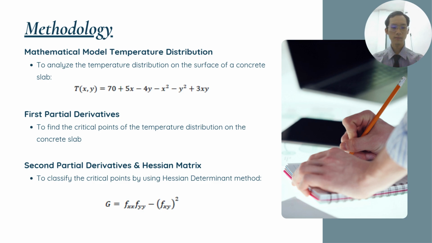The second one is first partial derivatives, to find the critical points of the temperature distribution on the concrete slab. And the last one is second partial derivatives and the Hessian matrix, to classify the critical points by using the Hessian determinant method, which is G equals fxx times fyy minus (fxy) squared.